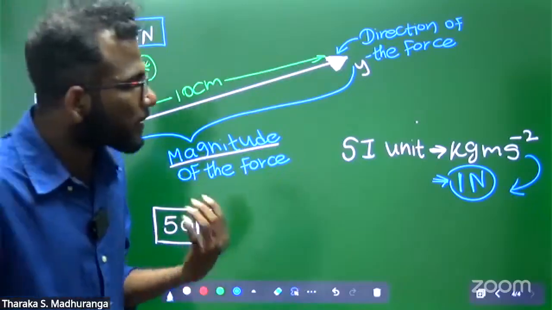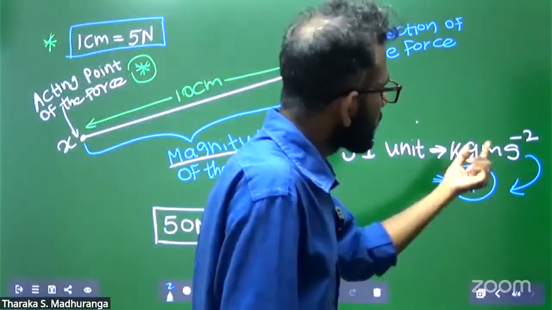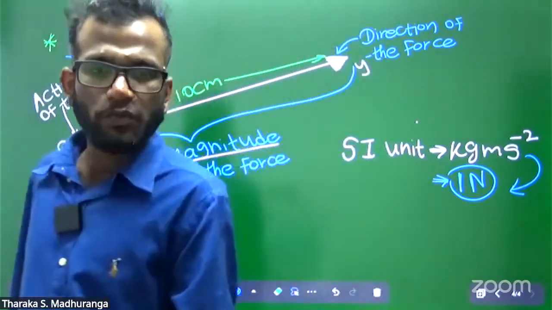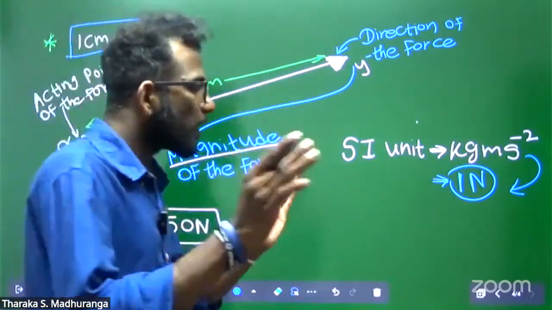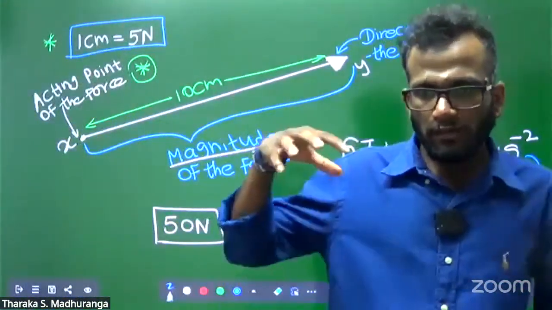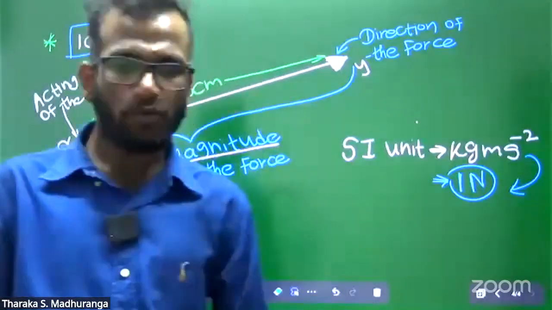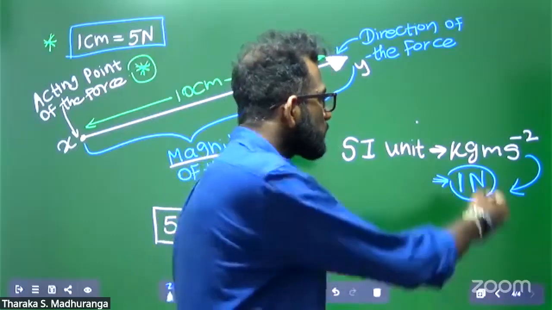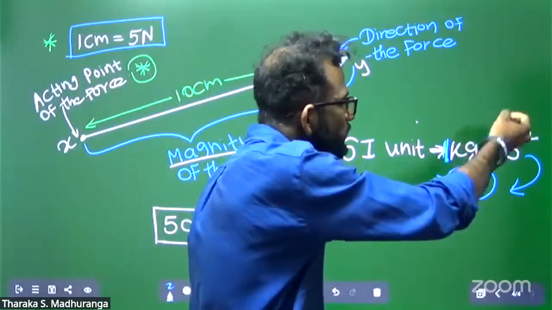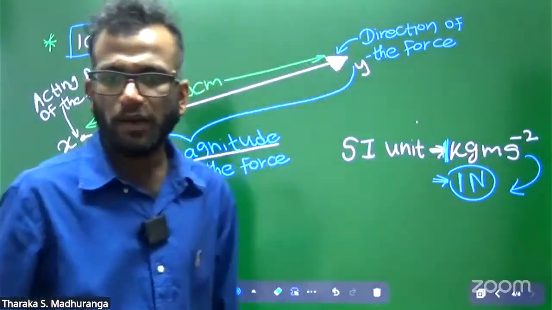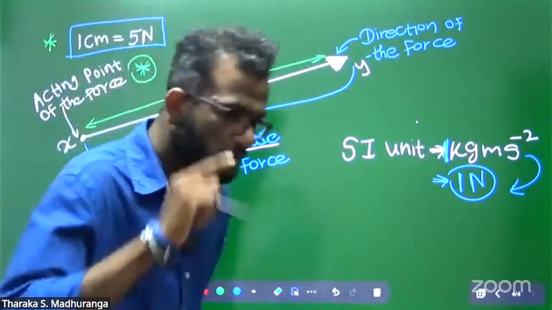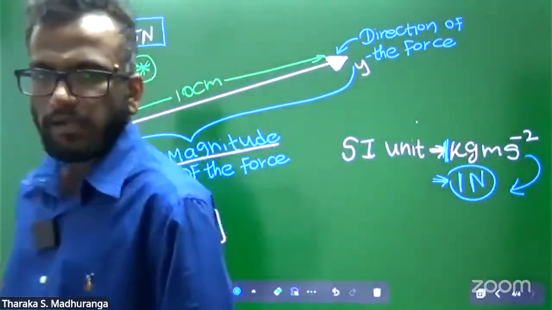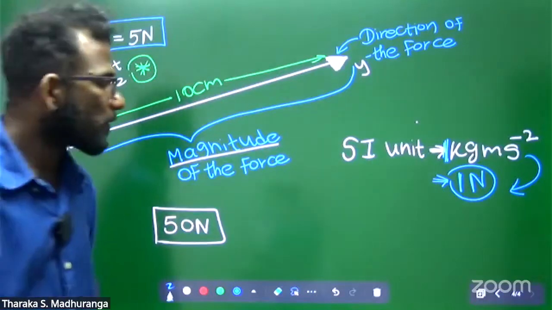The actual unit is kg ms minus 2, but out of respect for the scientists who found these theories, we consider 1 kg ms minus 2 equal to 1 Newton, for Isaac Newton.